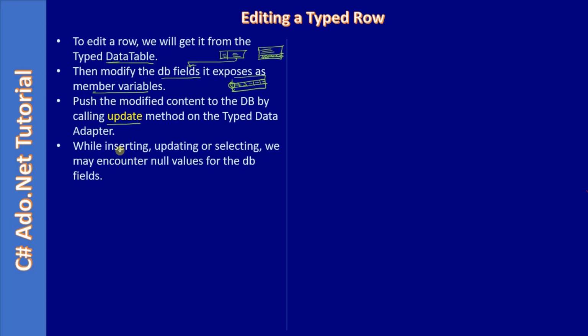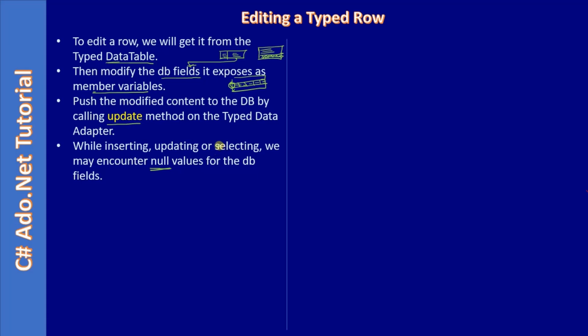While inserting, updating, or selecting, we may encounter null values. In our example, when you are selecting, you will not encounter any null value because all our jobs table fields in the backend are set with a not null constraint.